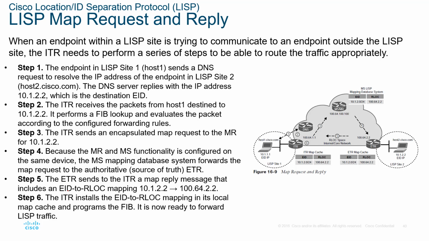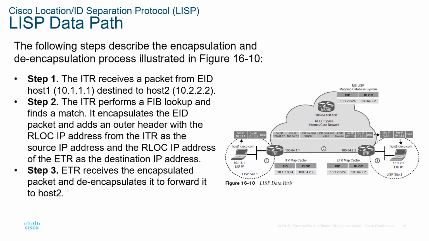I really wish we had labs covering our LISP, but at this time there are no real major labs, but this is something that I think makes more sense configuring it so that we can see step-by-step the functionality. I'll see if I can put together a lab on this material as well.